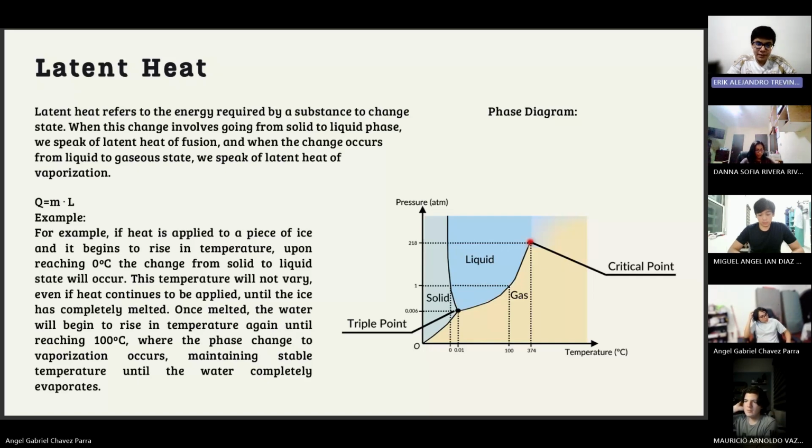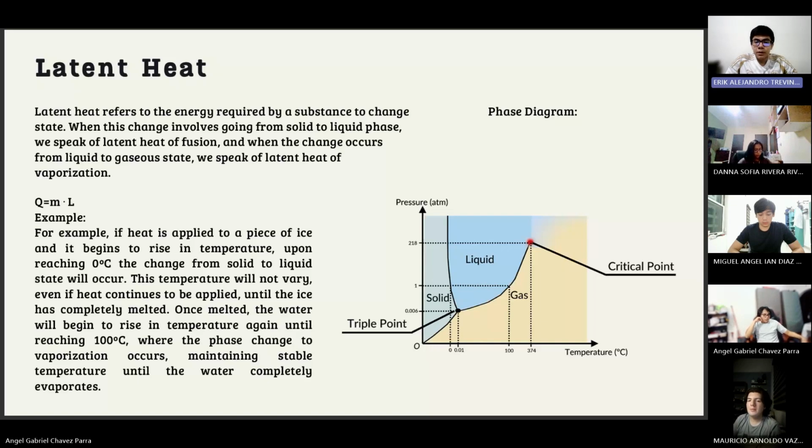This is its formula, and an example of this is if heat is applied to a piece of ice and it begins to rise in temperature, upon reaching 0 degrees, the change from solid to liquid state will occur.